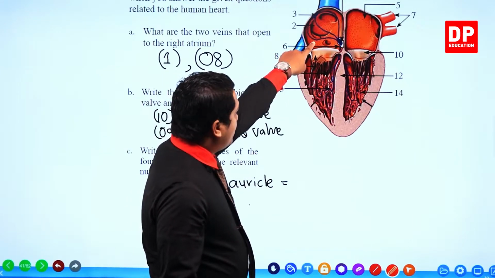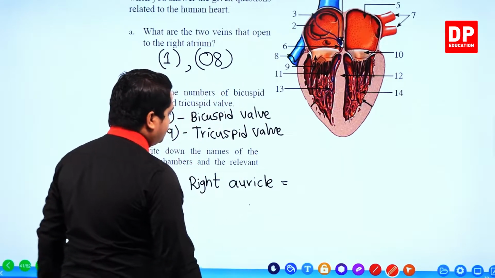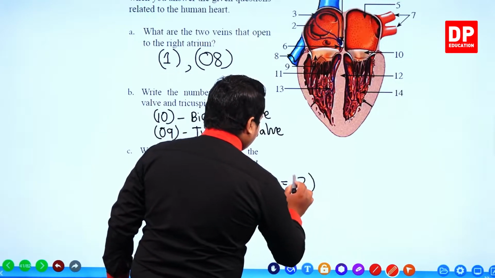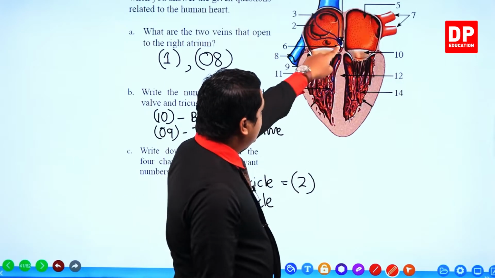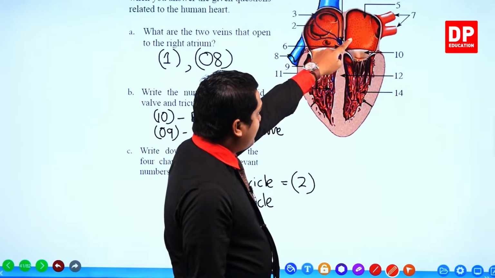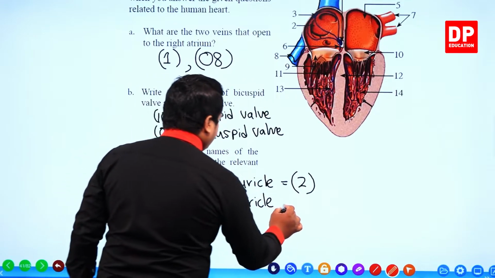This is right auricle, number 2. Left auricle. Left auricle, number 5. Number 5, left auricle.